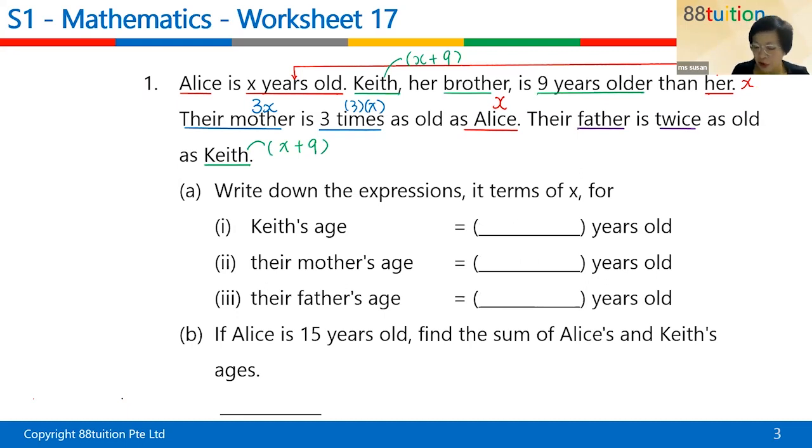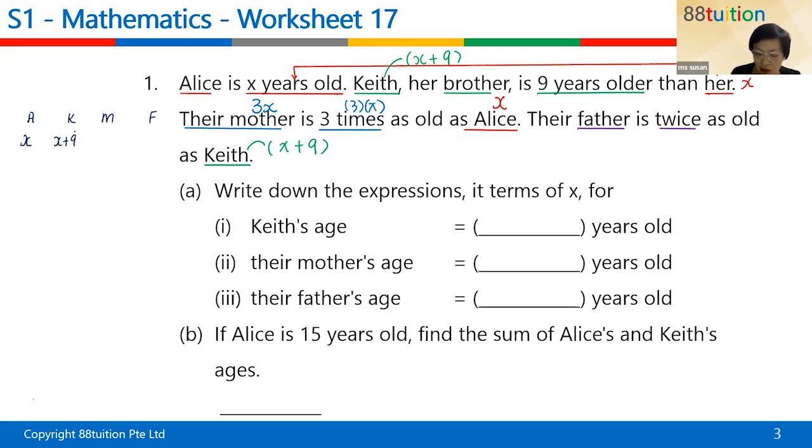For example, I have Alice, so I represent A as Alice. Keith is the brother, 9 years older, then mom and dad. Fill in the information. For A, it will be X years old, and the brother will be 9 years older, so I have X plus 9.